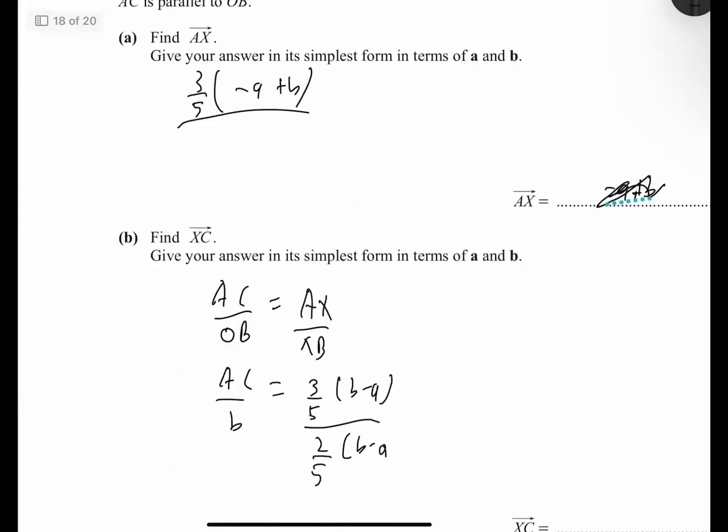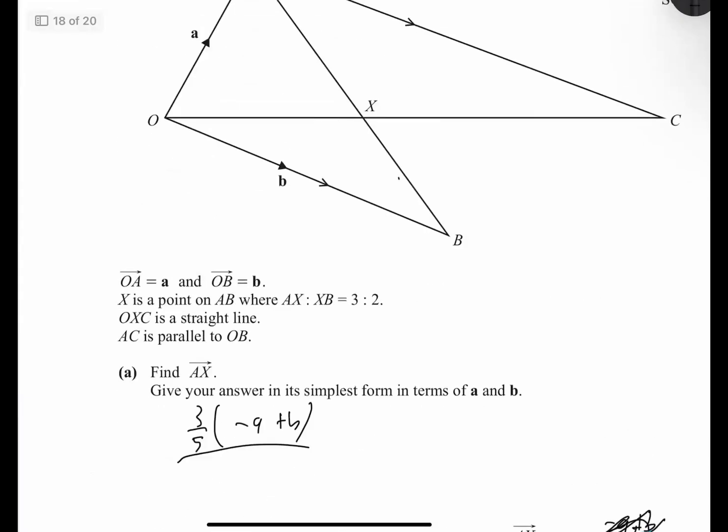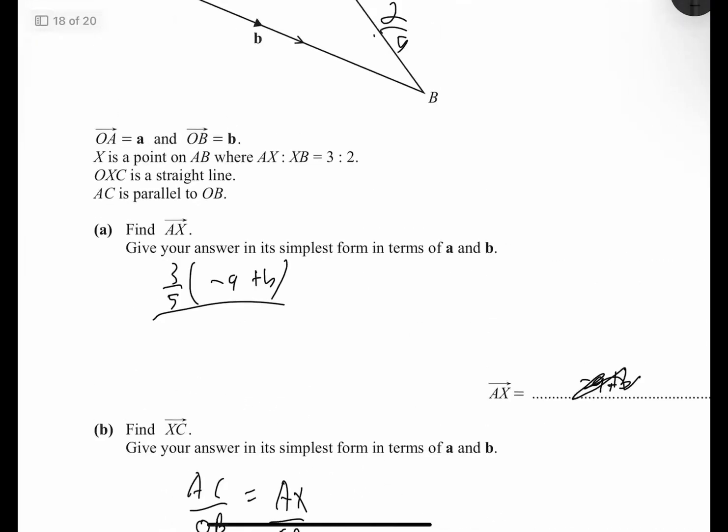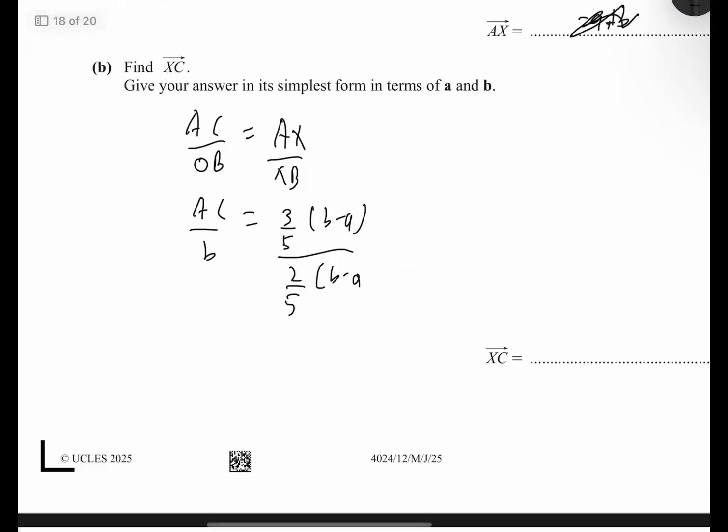And then we also know XB, which is 2 by 5, since this is 3 by 5. So this would be 2 by 5 of AB. OB we've been given, which is B. Now we just need to solve it. B minus A gets cancelled out, 5 gets cancelled out. So AC over B is equal to 3 by 2.